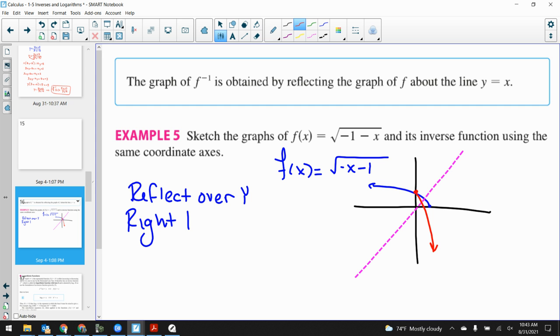I think. Kind of butchered that a little bit. It's a sketch, but I'm reflecting it across the line y equals x. It should cross where it crosses the line y equals x.